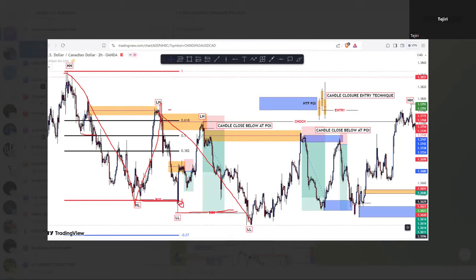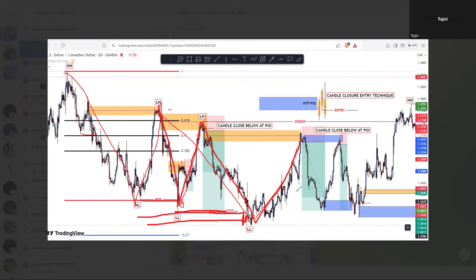It can be from here. It can also be from here. We have A, B, C, D. Break of structure. Price reacts from higher time frame imbalance or order block.